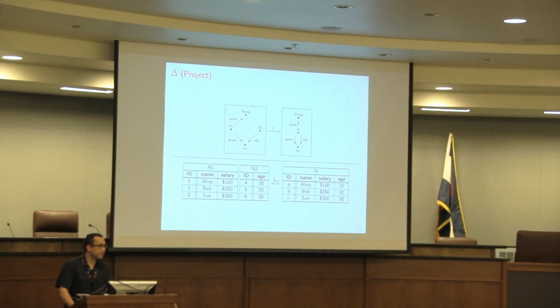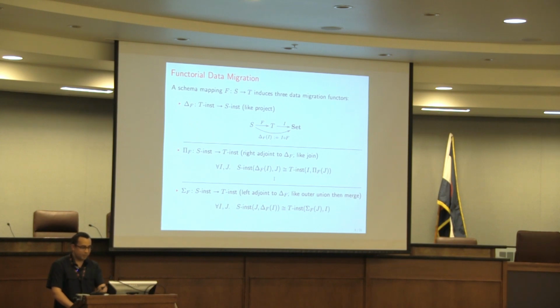Is it a unique way to do it, or was it somehow chosen arbitrarily, or is it somehow universal? So the question was, is this the unique way to define these things? And the answer is that given this particular way of defining delta, which we like because it's very simple, it's just composition, it's a fact of category theory, which I'm sure David mentioned, that the adjoints are unique up to isomorphism.